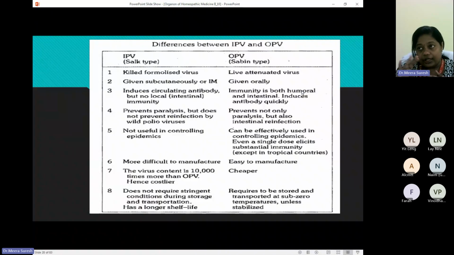All of this will have a protective layer of IgA. IgA is also seen in the blood, the circulating one. Other than that, locally it can be seen wherever there is a mucosal layer.